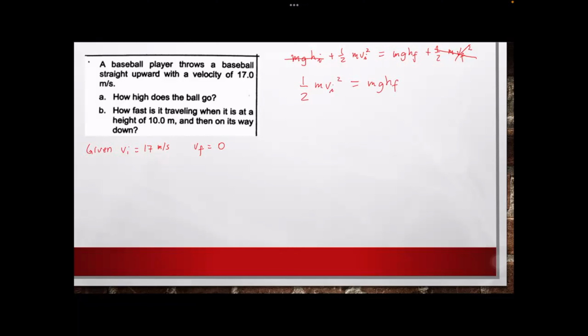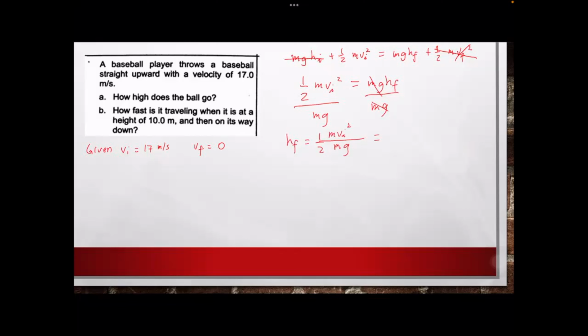Hinahanap natin is the hf or the final height, ito yung mataas. So therefore, we have to divide the given by mg. So cancel to. So nakaroon tayo ng h sub f is equal to 1/2 m vi squared over mg. Then substitute.